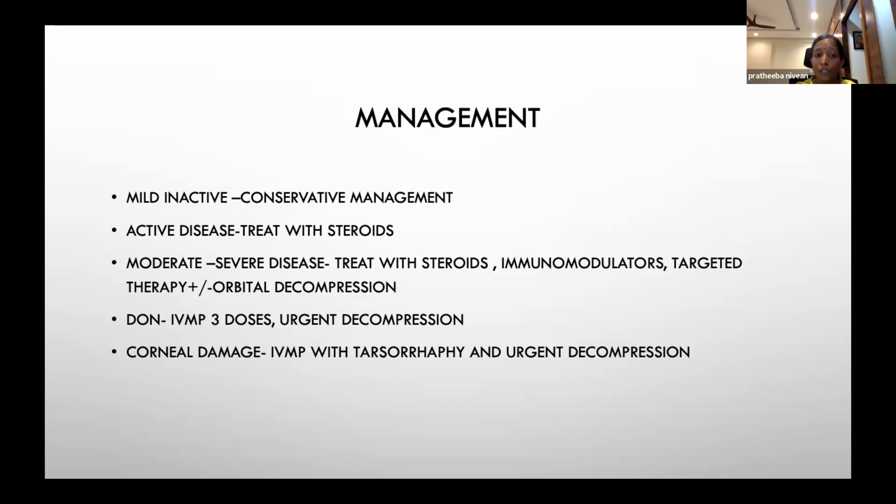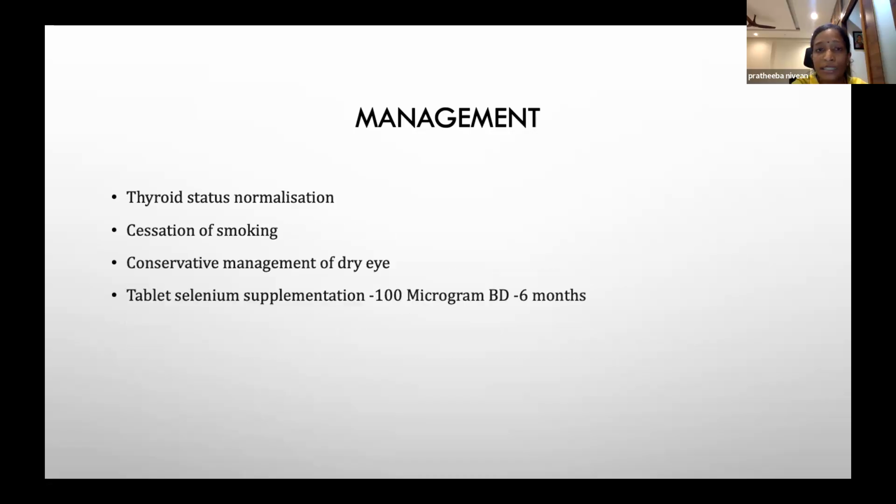For dysthyroid optic neuropathy, intravenous methylprednisolone is mandatory, 3 doses, and then we have to plan for an urgent decompression as early as possible. If there is corneal damage, intravenous methylprednisolone with topical therapy and an urgent decompression as early as possible. I'll be going through the details.